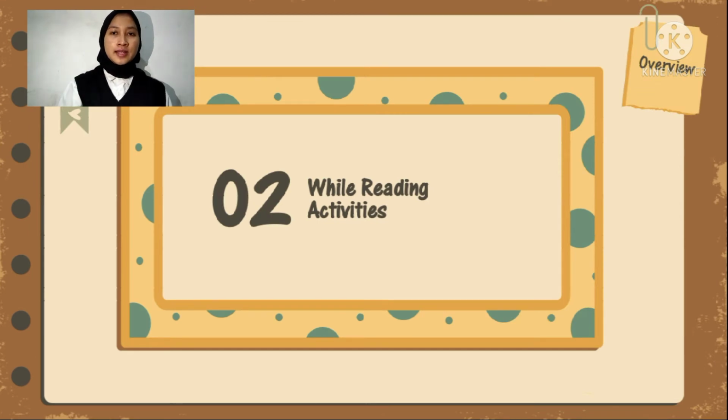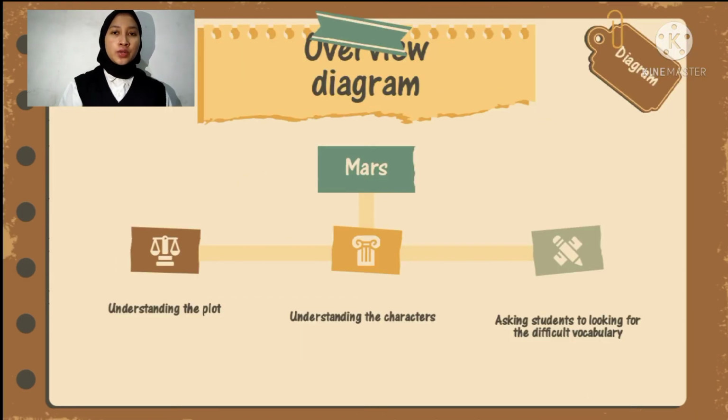Next, the second activity is while-reading activities. This activity is a little bit different from the first activity. In the while-reading activities, there are three activities that I will do to help the students.